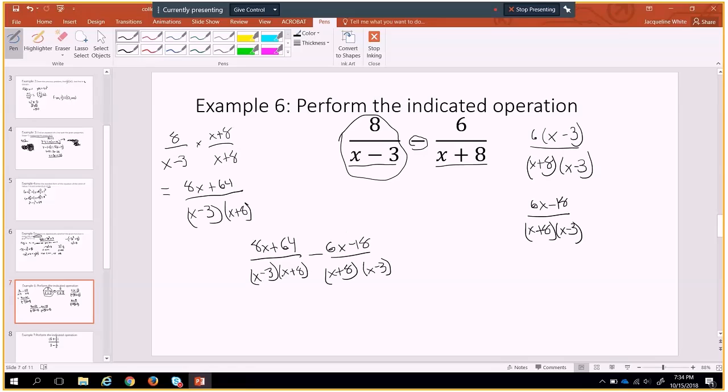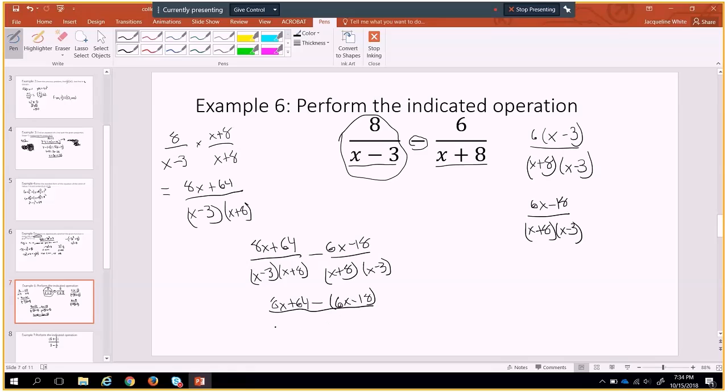So let's combine these together as 8x plus 64 minus, don't forget that minus, please, please, please, minus parentheses 6x minus 18. That minus is going to be the bane of your existence. I still have trouble distributing minus signs all over the place, and it gets me the question wrong every single time just for that silly mistake of not distributing that minus sign.